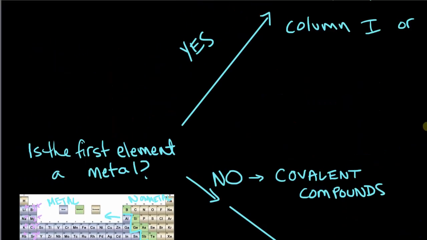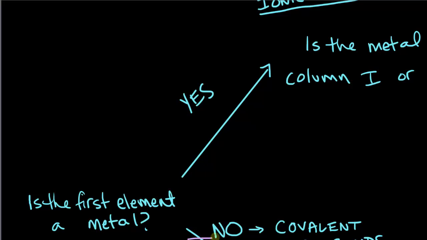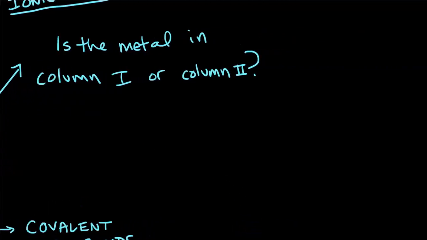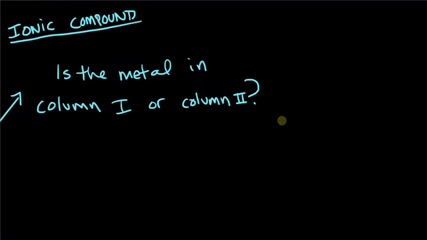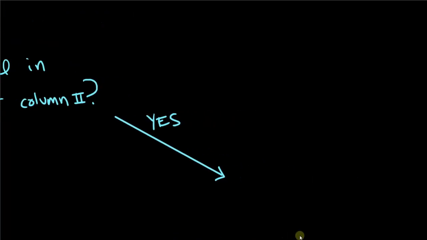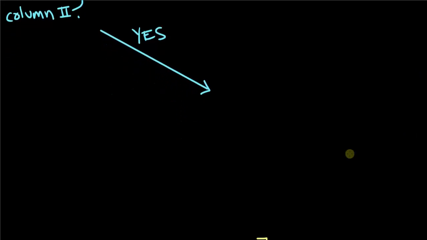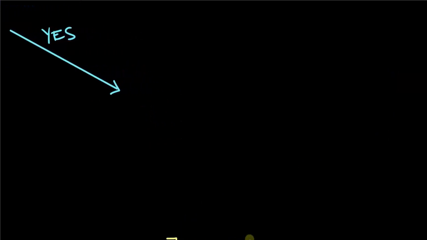So let's proceed, assuming that the metal is in column 1 or 2. So we're going to say yes to this question. Now we're looking at ionic compounds where the metal is in the first or second column.